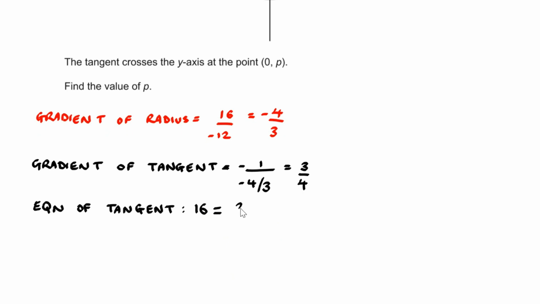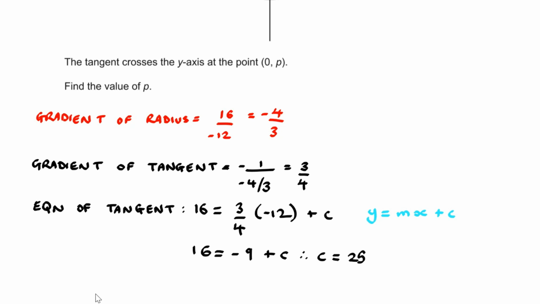This is equal to the gradient 3/4 lots of minus 12 plus c. So here, all we've just done is use y equals mx plus c. So we've got 16 equals, well here we've got 1/4 of minus 12, which is minus 3, timesing that by 3 we get minus 9. So therefore c is equal to 25.